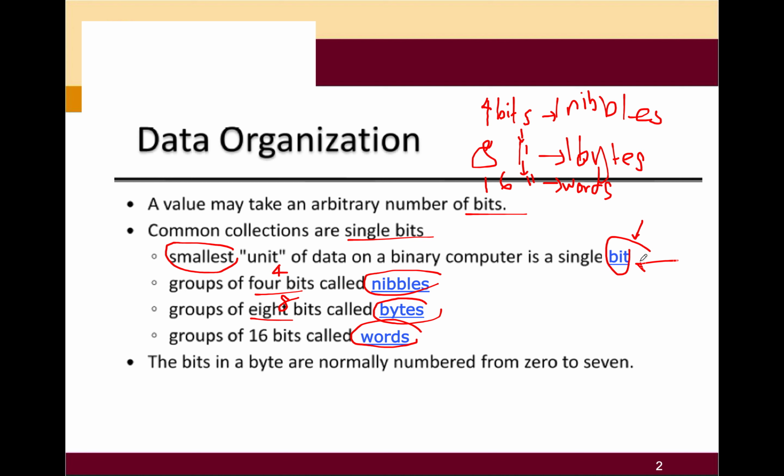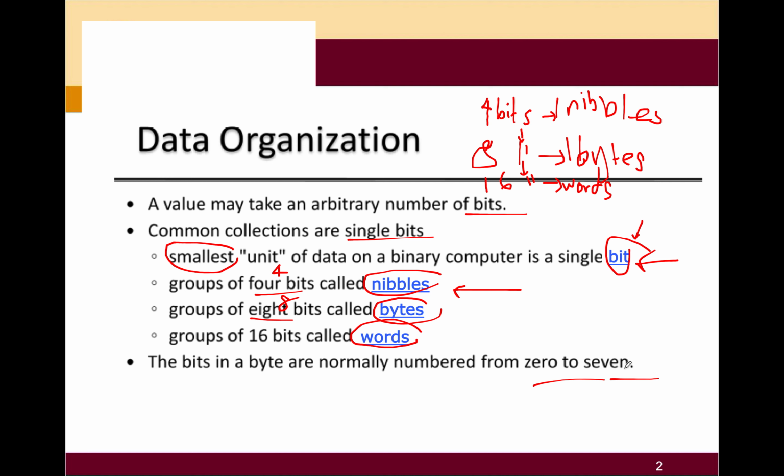The smallest unit is called a bit, then 4 bits you get a nibble, 8 bits you call a byte, and 16 bits you get 1 word. The bits in a byte are normally numbered from 0 to 7, similar to the previous chapter.